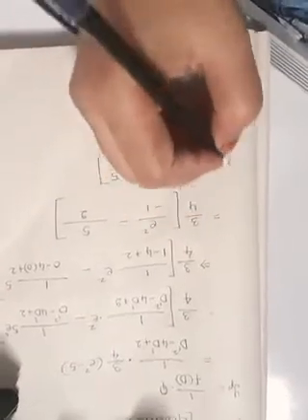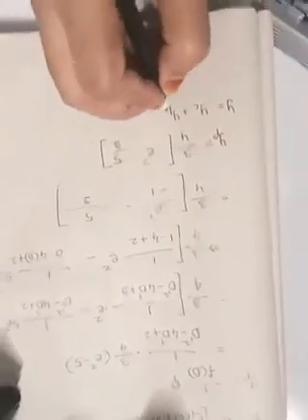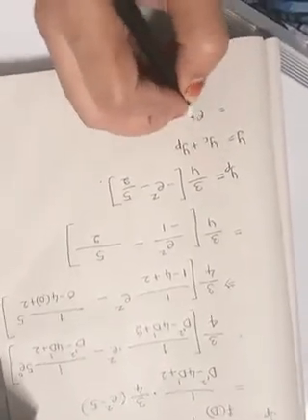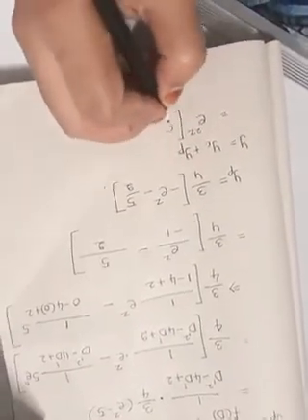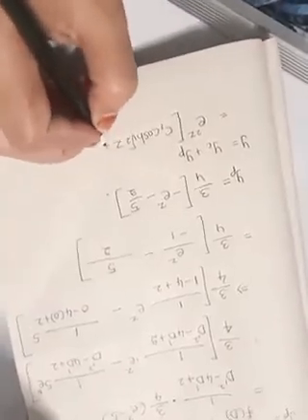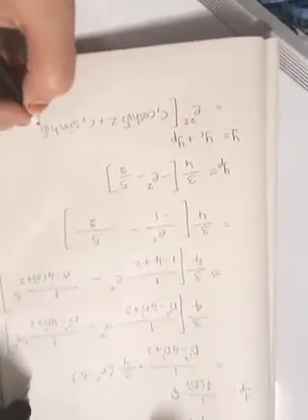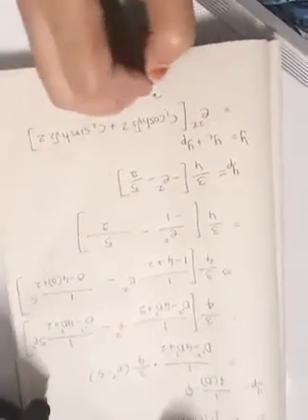So now what is the general solution? y is equal to yc plus yp. That is, what is yc? e to the power of 2z into c1 cos h root 2z plus c2 sin h root 2z plus the yp value.